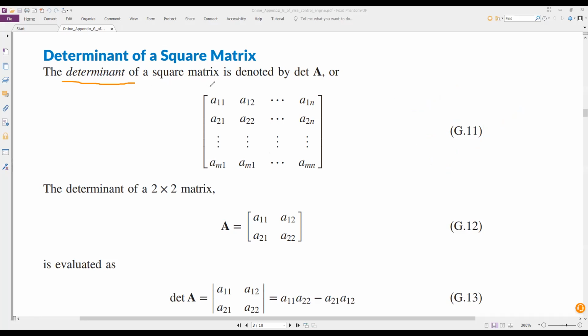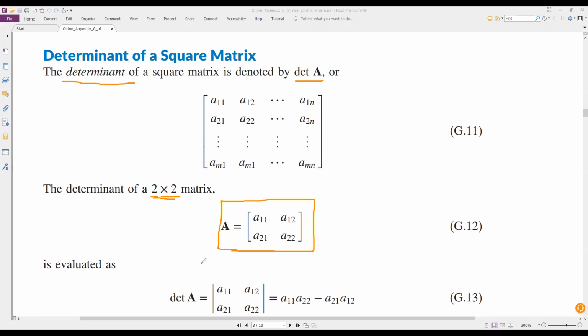The determinant of a square matrix is denoted by det A. We use det A, where A means the matrix. Let's say that is a matrix A. And the determinant of a 2 by 2 matrix. First of all, let's talk about this matrix: A11, A12, A21, A22.